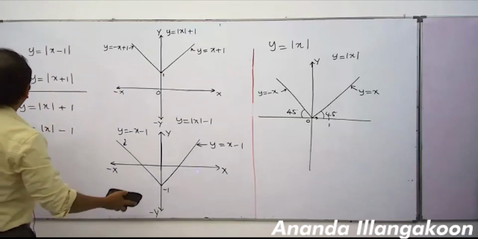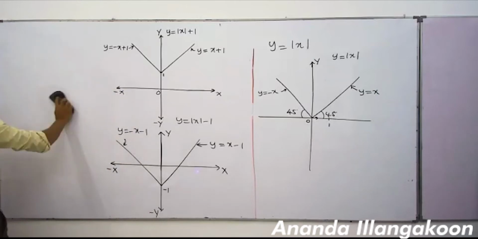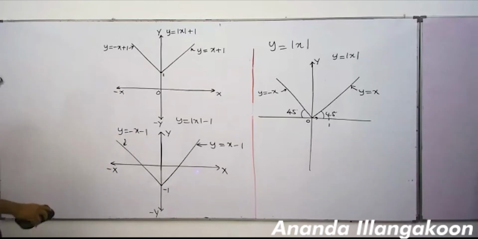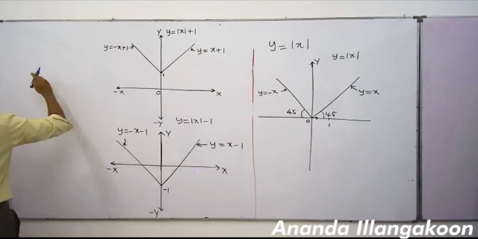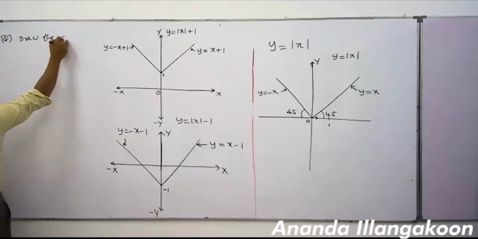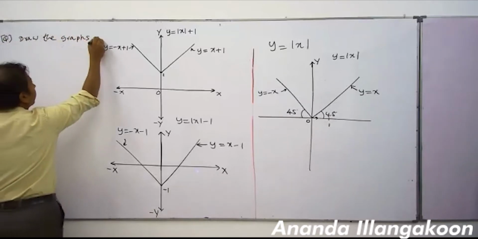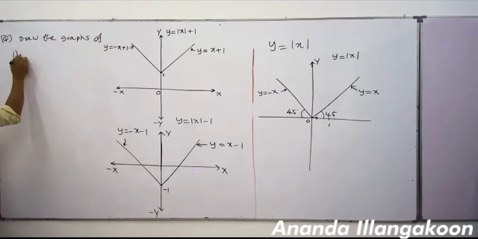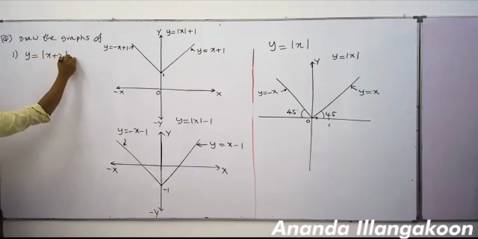Okay, now people will see how to draw this type of graph. Right? Draw the graphs of number 1, y equals mod x plus 2 plus 2.